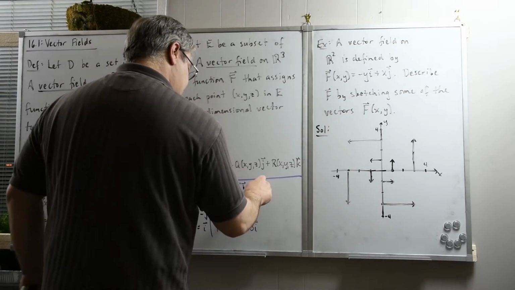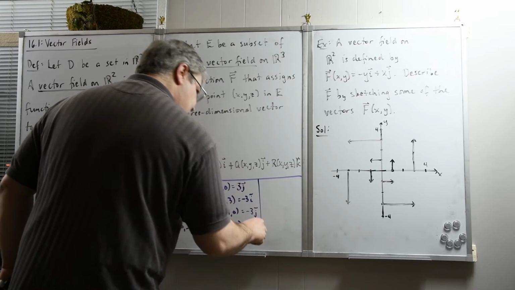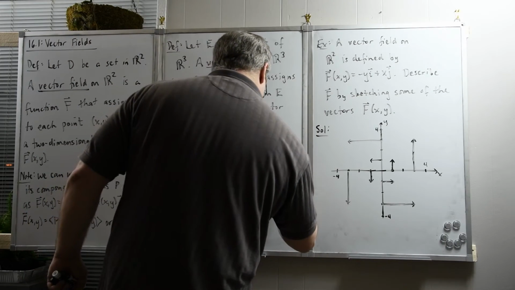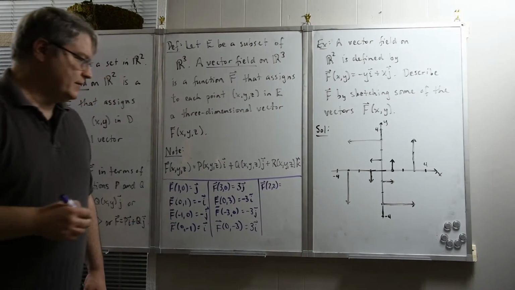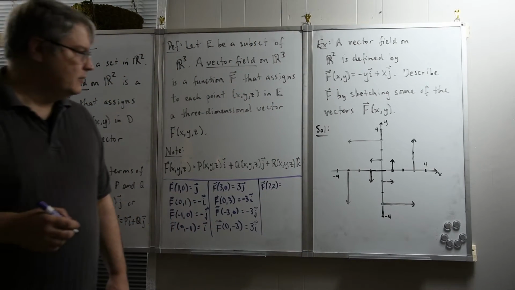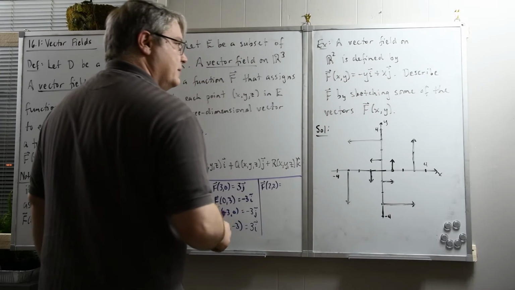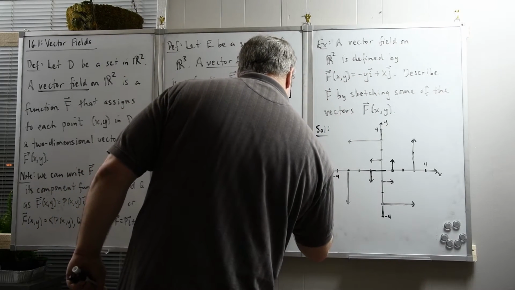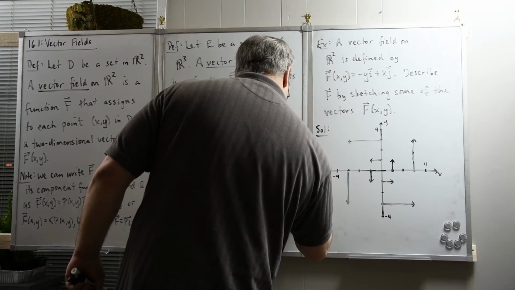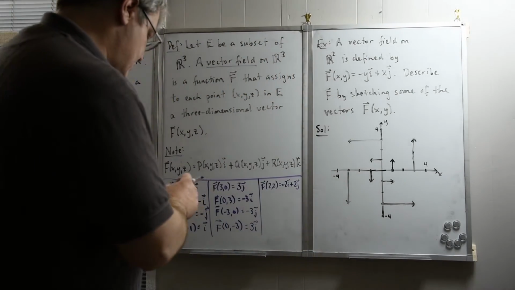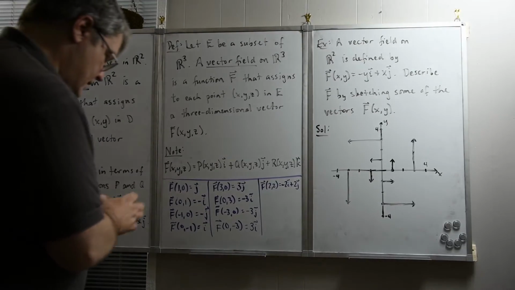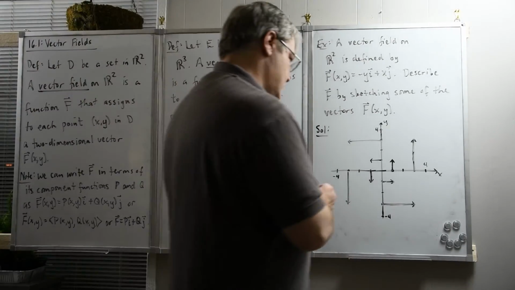So let's take a look at some locations that are not on one of the coordinate axes. So maybe we'll take a look at f of 2, 2. So x is 2, and y is 2. So you get -2i plus 2j. What we have to do here is put our initial point at 2, 2.